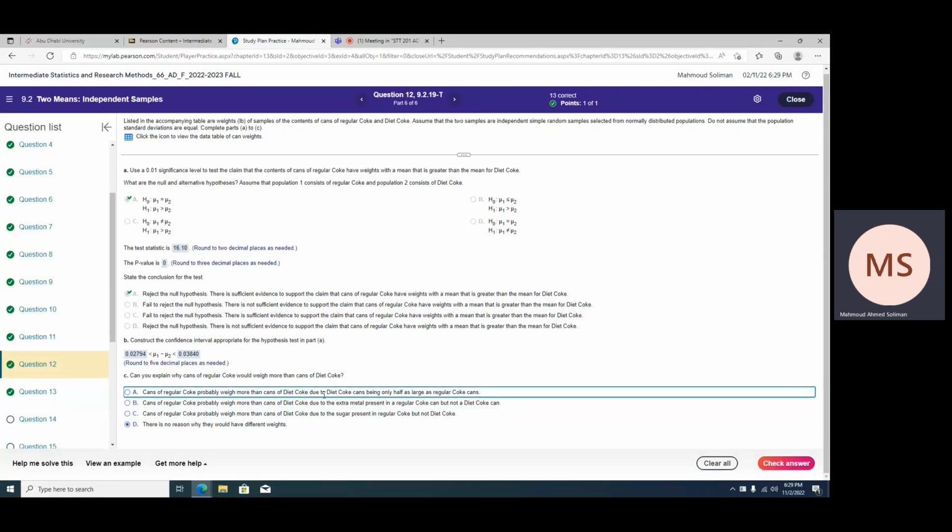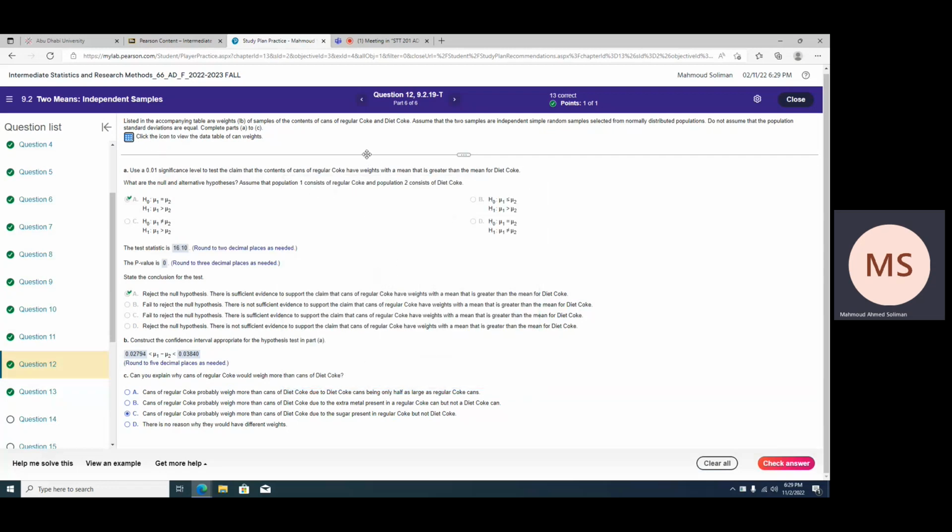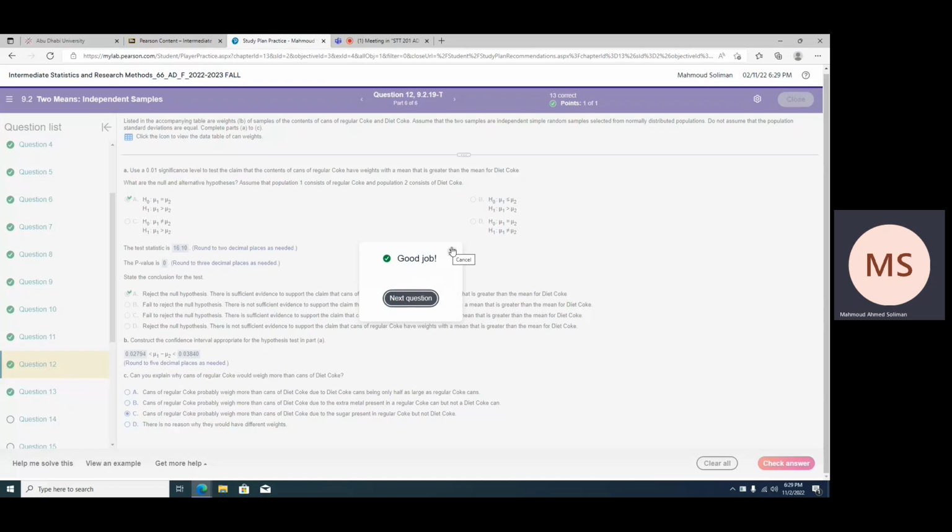Did they mention anything about metal or half as large? They only mentioned the sugar. Regular cola usually has about 10 times the sugar of Diet Coke, so it might make an effect. I'm not sure. Okay, it's the sugar.